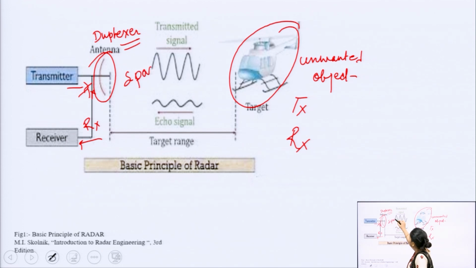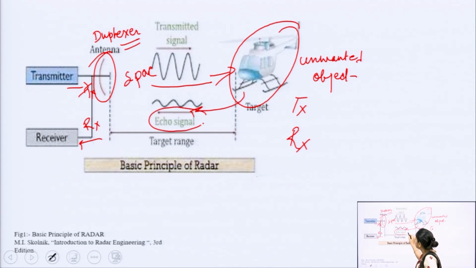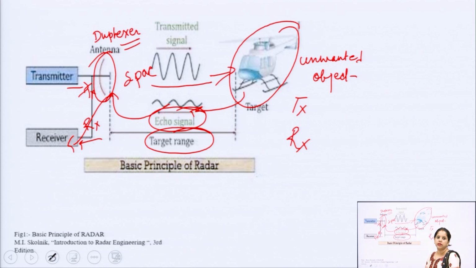This is our free space, and this is the signal, and it interacts with the target. 100% of the energy is not intercepted by the target; some will be reflected back, which is represented as an echo signal, and it is again received by the receiving antenna and sent to the receiver section for processing, which will tell us where the target is and what the range of the target is. So, this is the basic principle of radar.